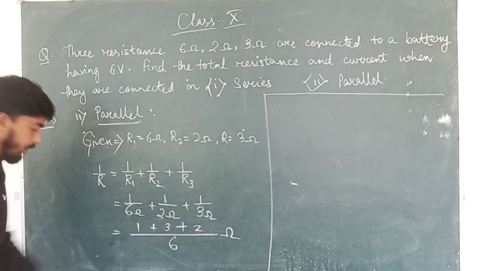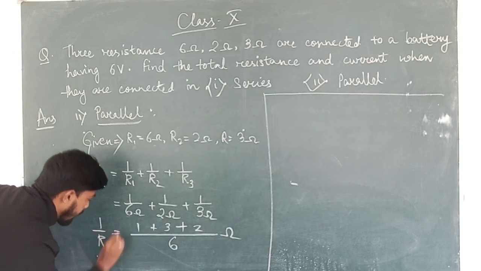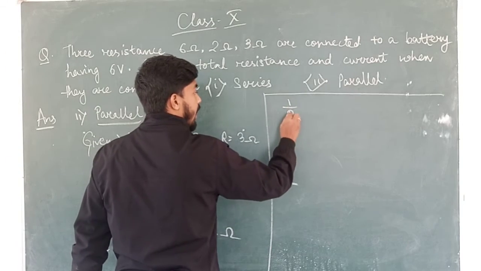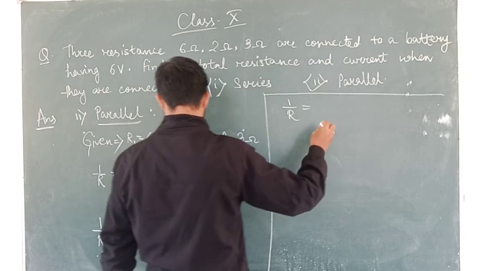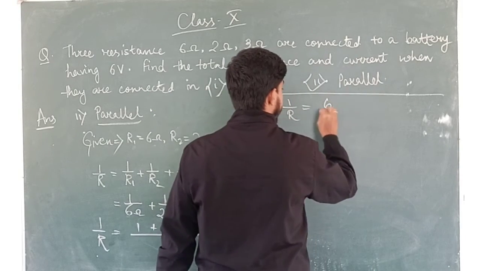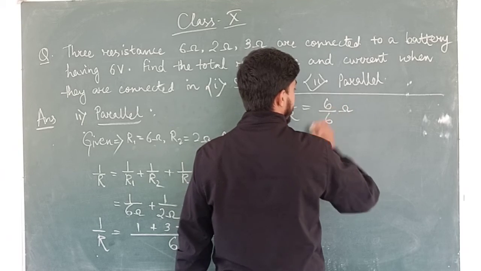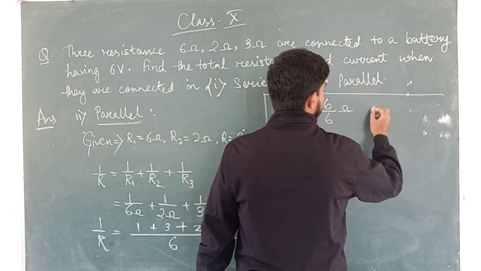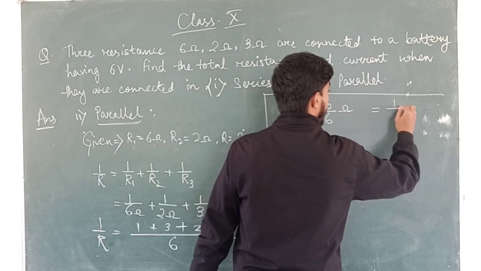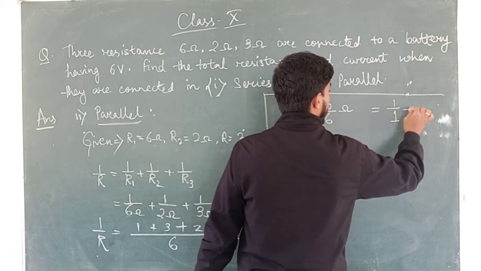This one I am continuing here. So 1 by R is equal to 1 plus 3 plus 2, which is 6 by 6 ohm. So this is 1 by 1 ohm.